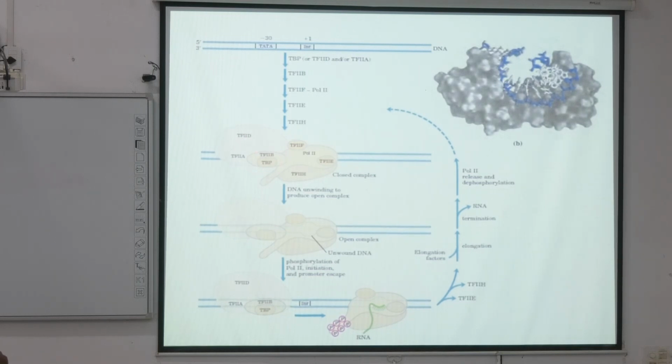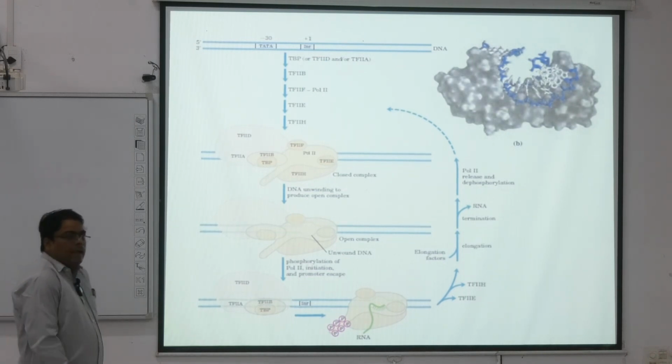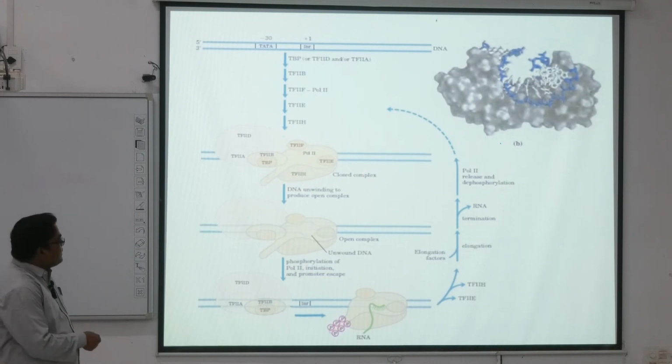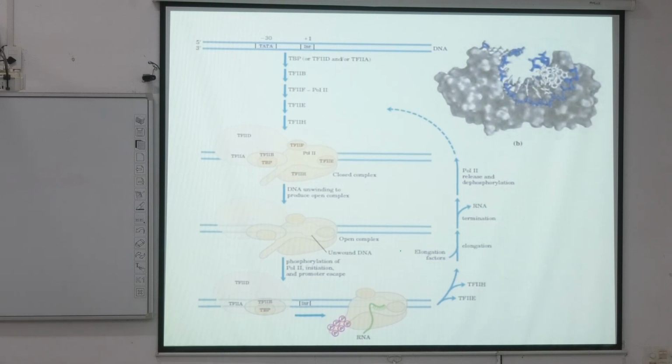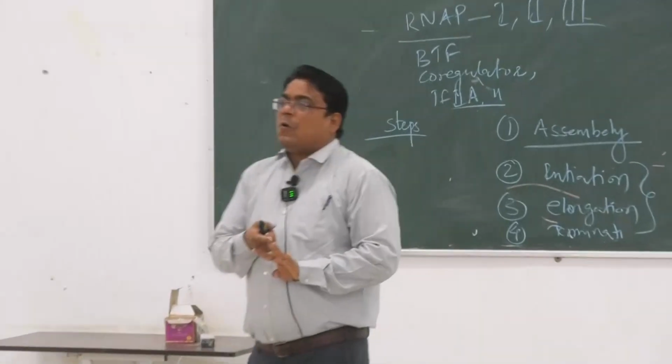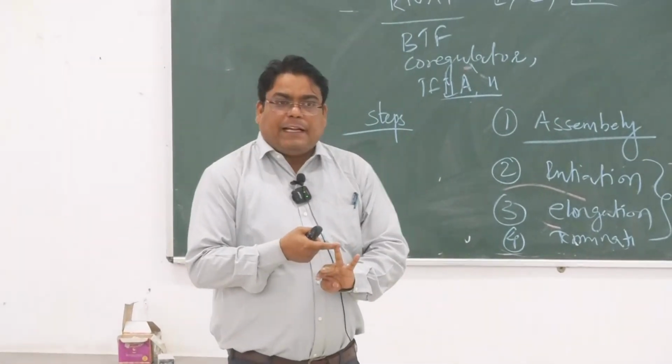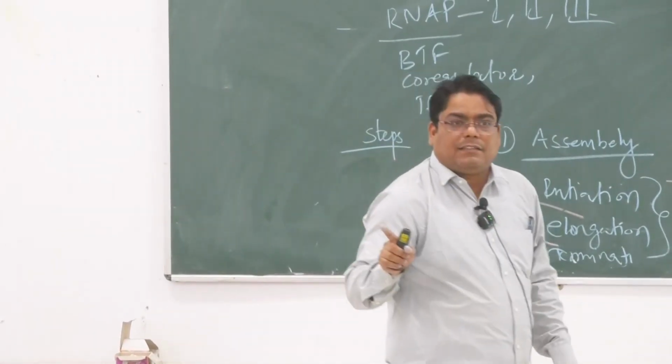Firstly, there is attachment of TBP, and when all the proteins, all the cofactors are attached at a single point, we call this point assembly. Okay, this is called formation of the closed complex, because in the initial step, in the initiation process, there are 4 steps: closed complex, open complex, stretch of the DNA, and lastly promoter clearance.